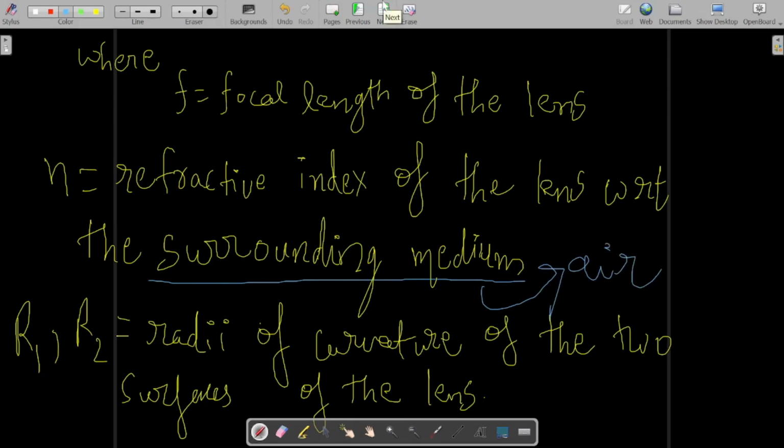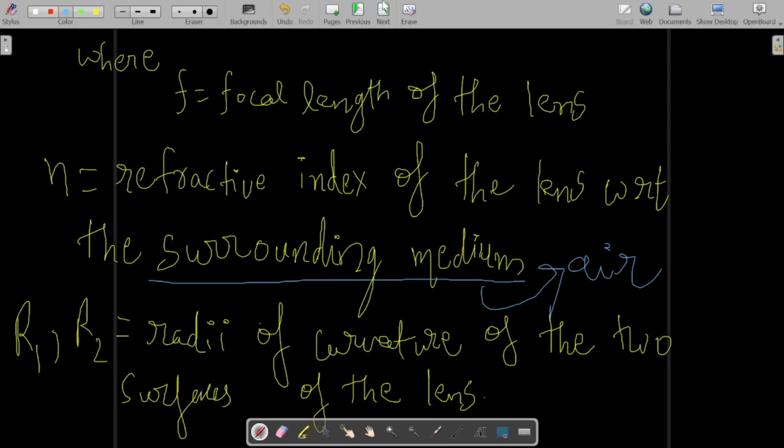So if someone says that n is the refractive index of the lens with respect to the surrounding medium and the surrounding medium is air, that just means the refractive index of the lens with respect to air. Then this value of n will be the small n, the absolute value, because the refractive index of air is almost equal to 1.